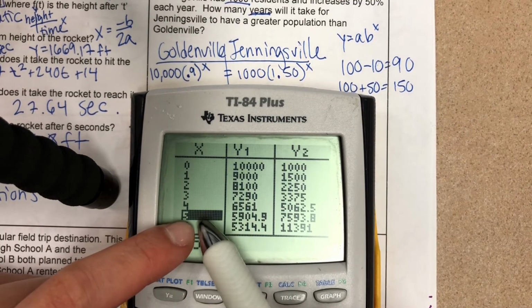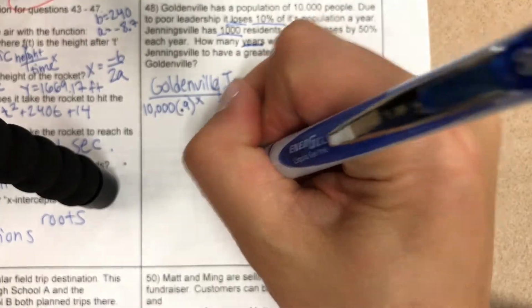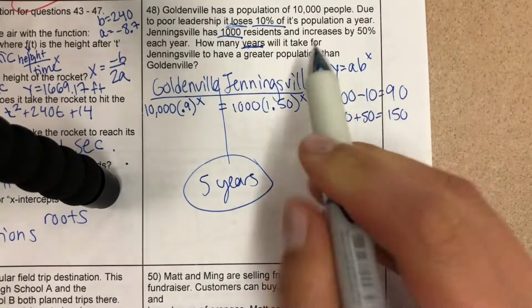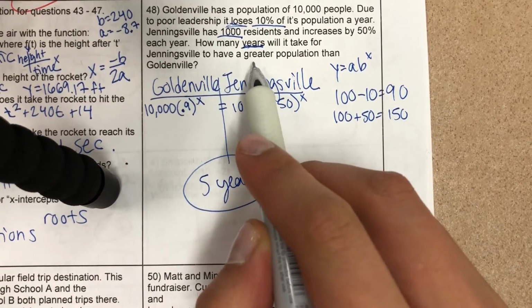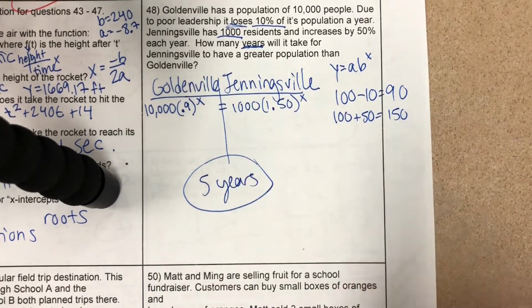So what is the number of years? It is going to be 5. Your final answer is that it will take 5 years for Jenningsville to have a greater population than Goldenville.